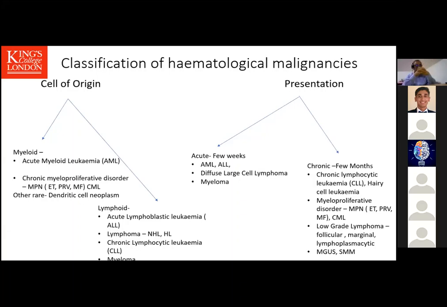In myeloid, we have acute myeloid leukemia, AML, a terminology I'm sure you are quite familiar with. It has a myriad of subclassifications, from the previous one, the FAB, French American British classification, which is based mainly on morphological findings, to the WHO classification, which has various subclassifications.